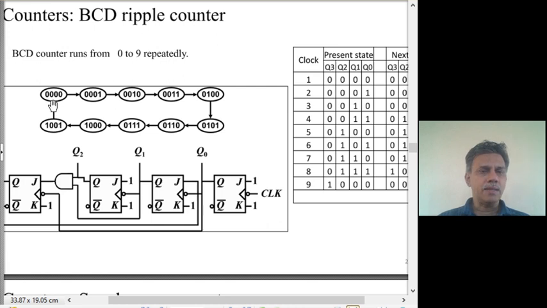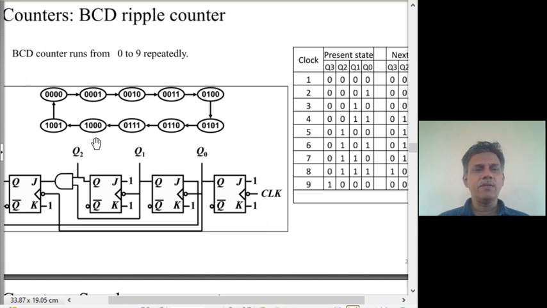So, the state graph for a BCD counter is 0000 to 1, 2, 3, 4, 5, 6, 7, 8, 9 and then back to 0. And we achieved it using the asynchronous counter based design by deriving the clock for different flip flops as well as the inputs in such a manner that this sequence of counting happens.